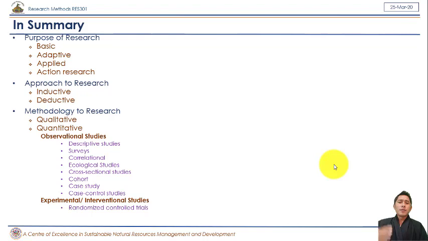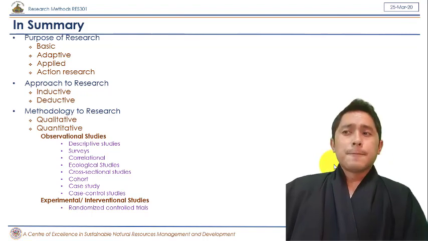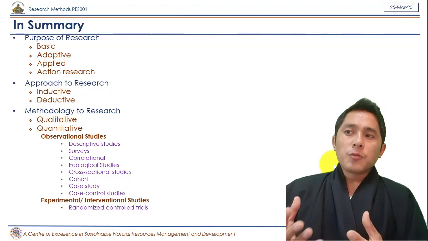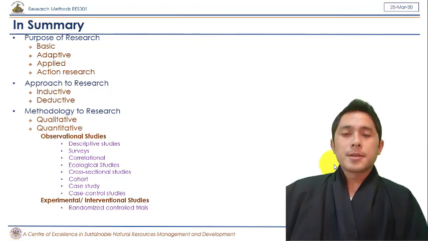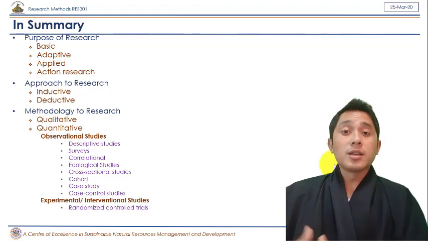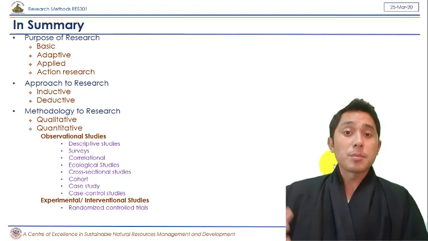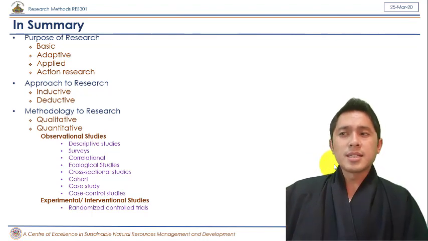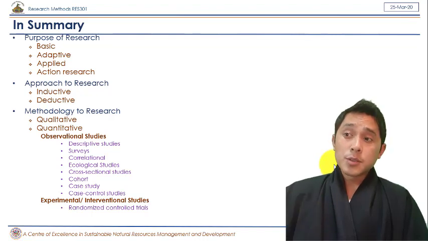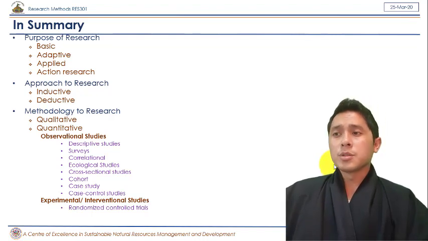It can be a flow when you are choosing your research method. If you feel that your research is basic, then choose basic research. Secondly, from the approach, you need to look at whether it's inductive or deductive or abductive, and choose the method that you want.